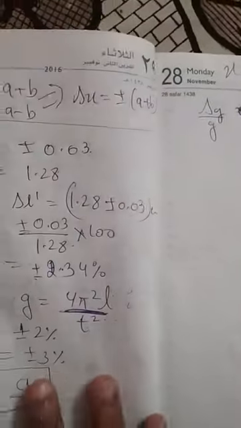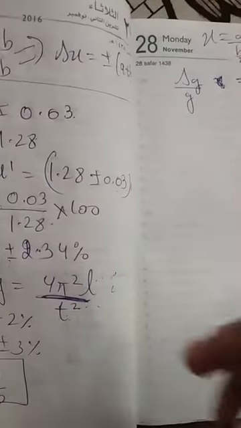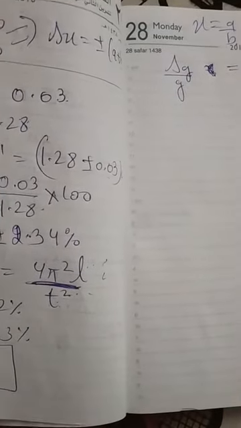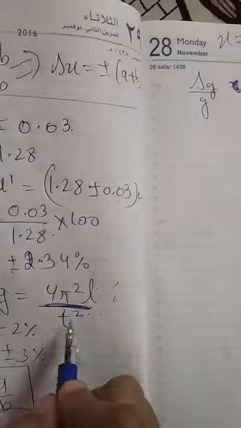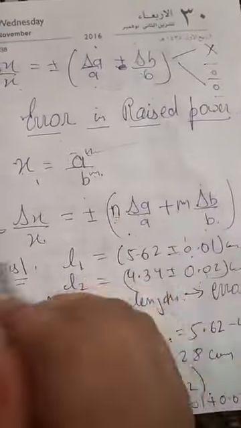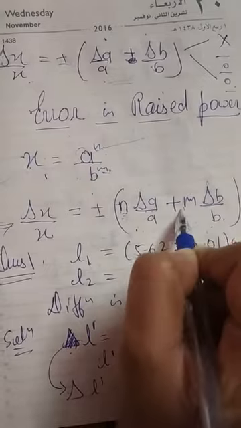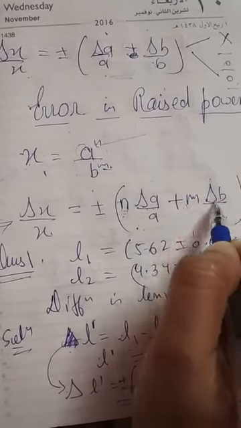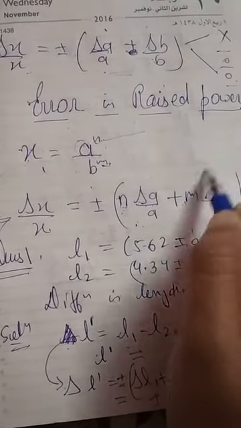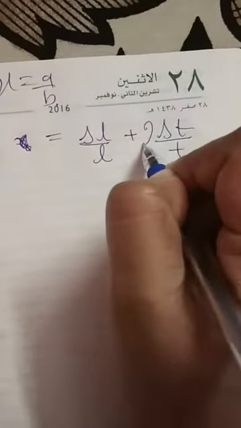But students, here one more thing: we have a raised power. We don't have just a divide formula, we also have a raised power. So T square is there. What I told you, if you have some error in a raised power, how would you write it? You just write that raised power in front of that term.